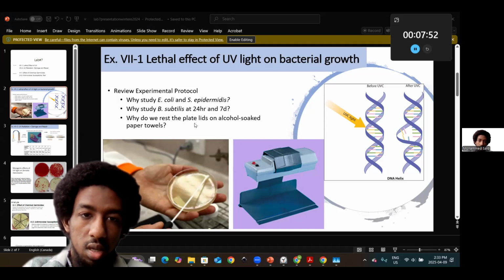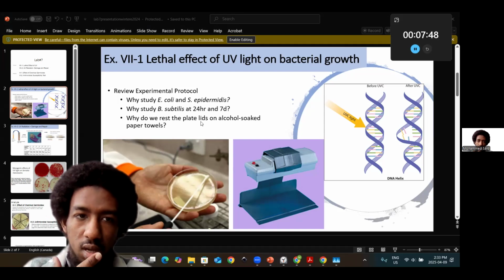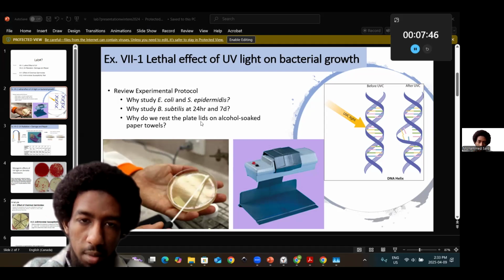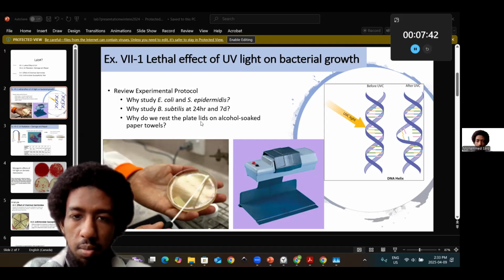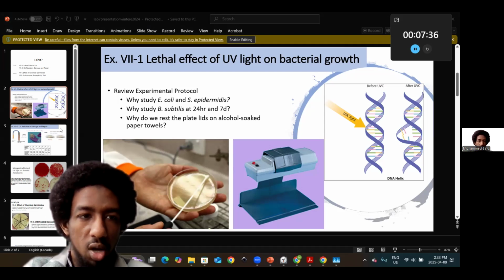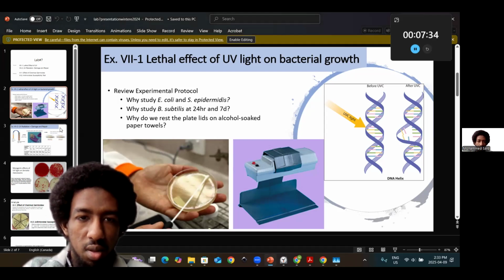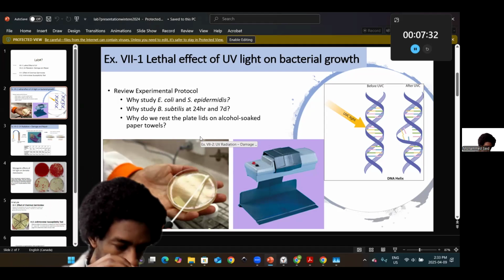So consider those details. And when it comes to the plates, I know this was a bit contentious, but nonetheless, in terms of the lids, at least, you wanted to make sure that we followed aseptic technique.